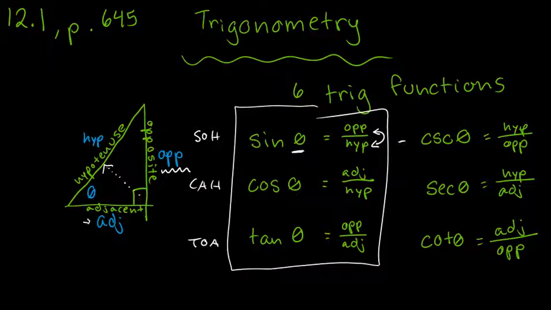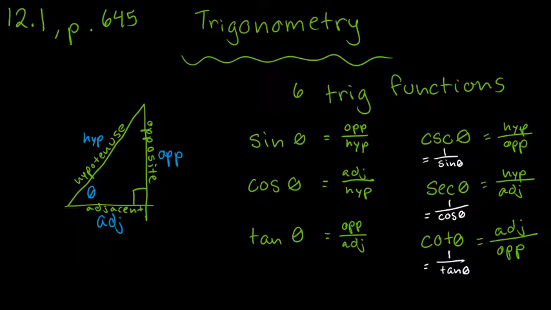Now, cosecant has a relationship with sine, and it's called the reciprocal. Alright, they are reciprocals. And secant is the reciprocal of cosine, and cotangent is the reciprocal of tangent.